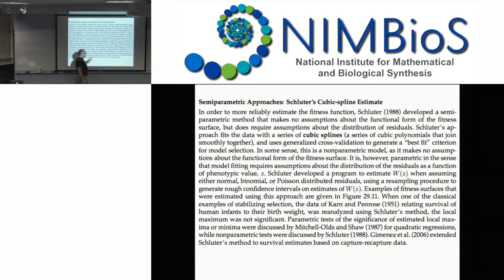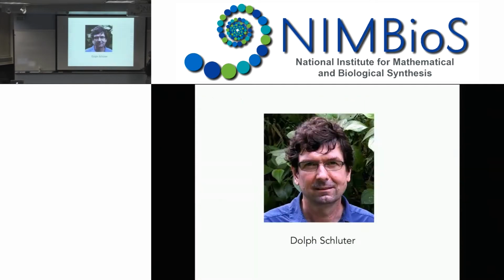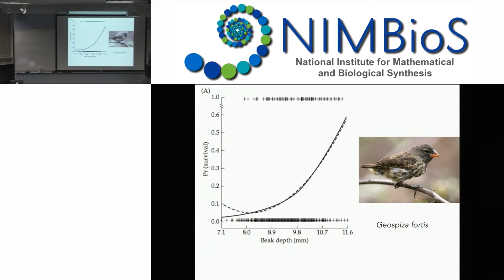And so what Schluter did was he assumed this non-parametric, because you're not assuming a form for the function. It's actually formally called semi-parametric, because you're not assuming the shape, but you are assuming the residuals are either normal, binomial, or Poisson. And then he basically had a resampling program that basically generated the best fit.